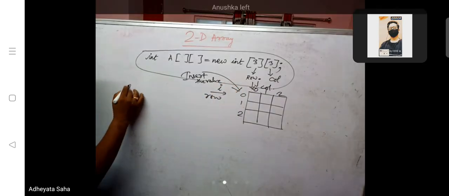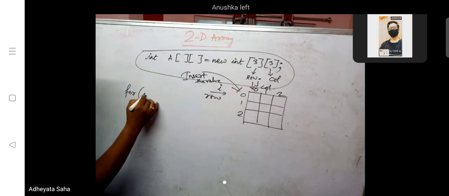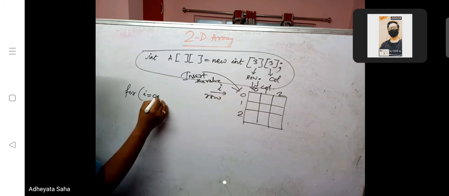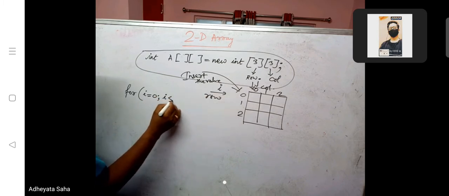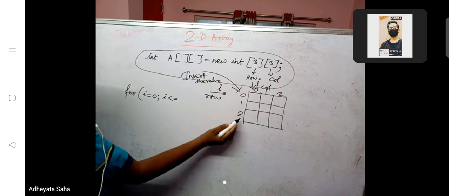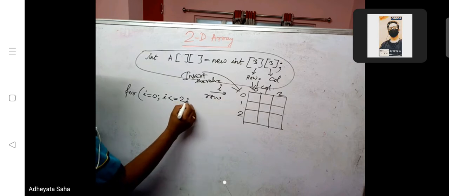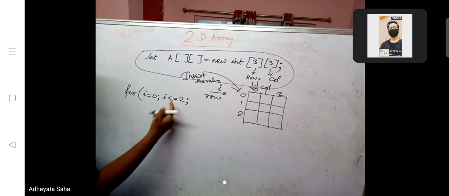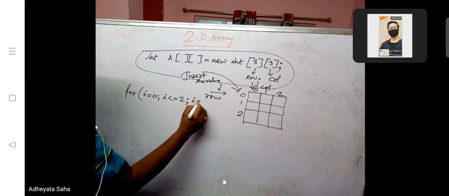So for i equals 0, since the row starts from 0, i less than or equal to 2. You can also write i less than 3, no problem. Then i plus plus.